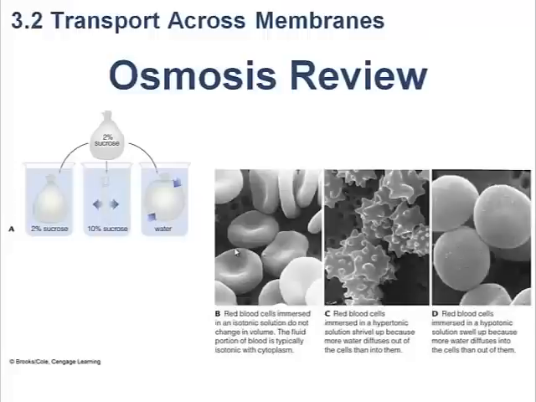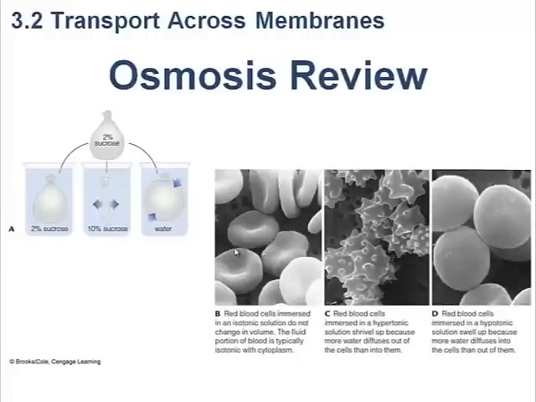Now if we take that same bag, and we're still on part A of the diagram here, and we put it into the 10% sucrose, what we see is that the bag loses volume in that 10% sucrose, because there is 2% sucrose in the bag, 10% sucrose outside the bag, and this means that there is more water inside the bag than outside, so water is going to leave the bag.